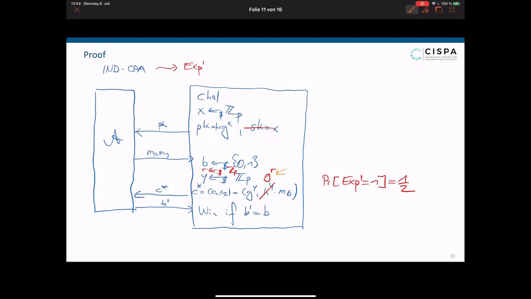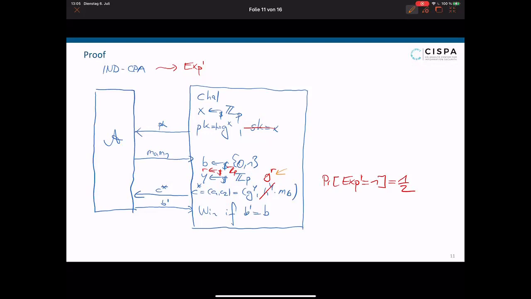Okay, but how can I now argue that when I change from the INCPA experiment to this X prime, the adversary's success probability essentially doesn't change?